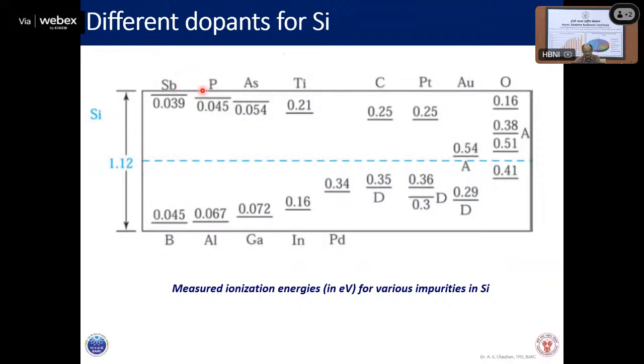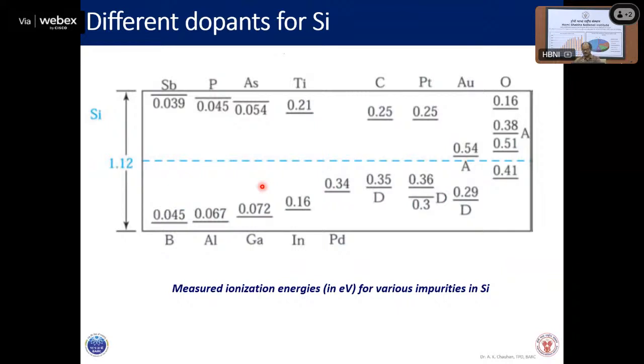Now you can decide which kind of property you want from your device, or what kind of extrinsic semiconductor you want, and which level will be optimum for you. You can find that out by different calculations or your theoretical background. Okay, I want my level to be 0.25 electron volt below the conduction band.